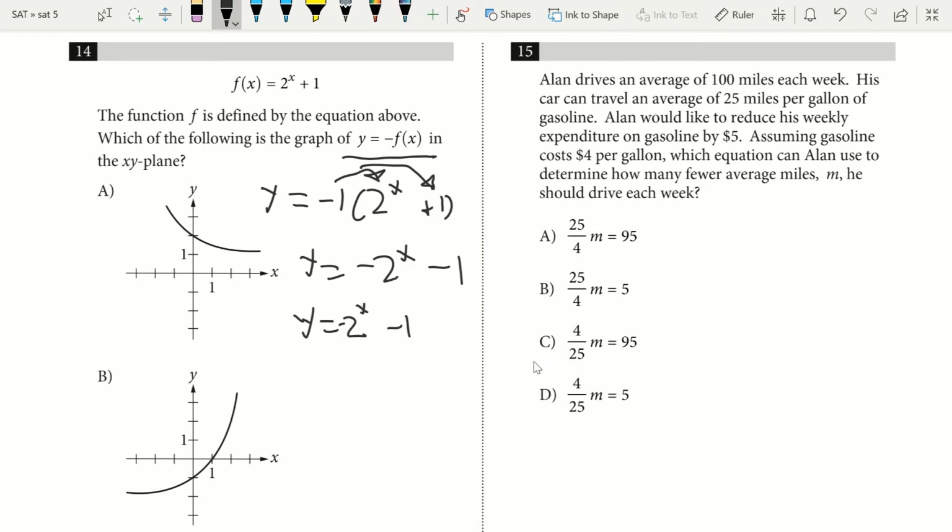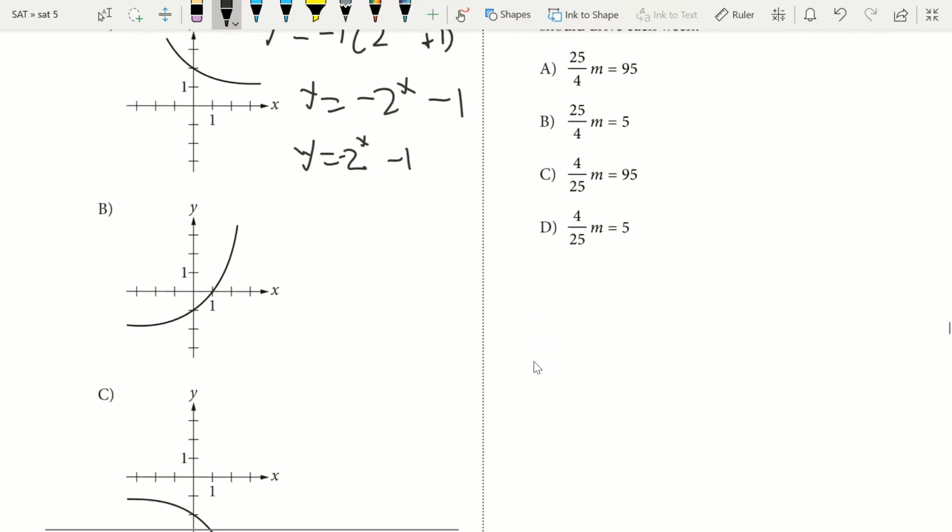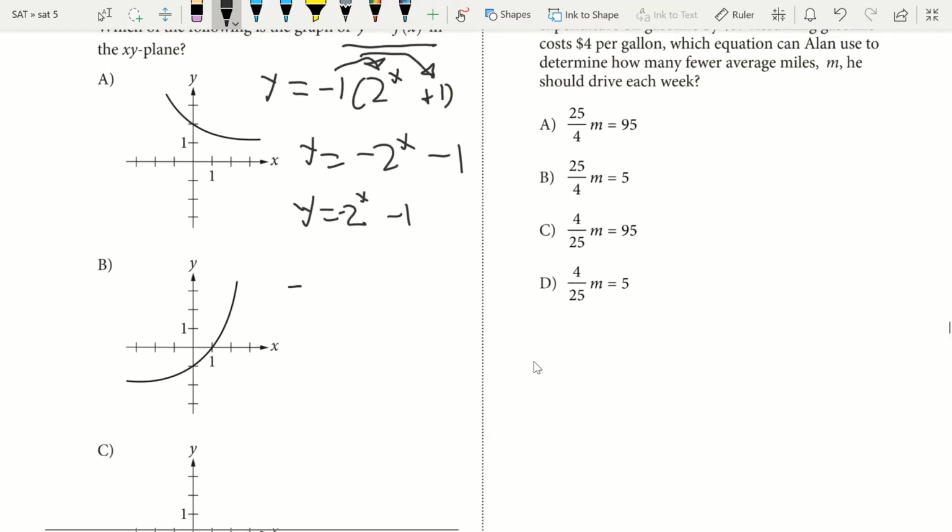Now we just find which graph shows our equation, right? Well, if we have 2 to the power of x, if x is negative, so on the left side of our y-axis, that just means 1 over 2 to the absolute value of x, right? So this 2 to the x can't ever change signs.